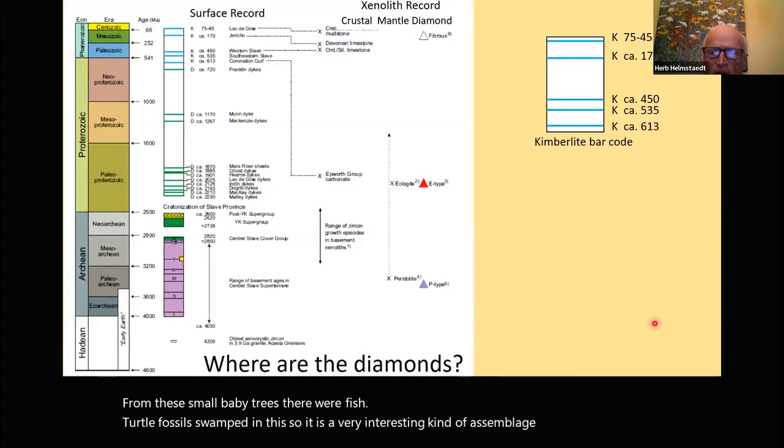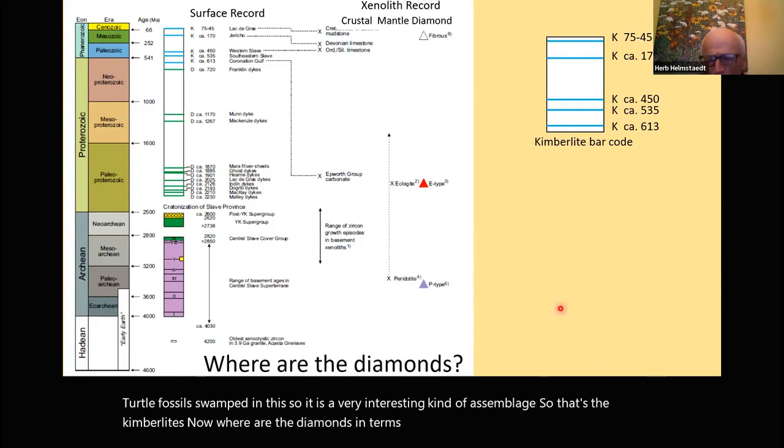So that's the kimberlites. Now, where are the diamonds in terms of age, and where do they fit into the scale?